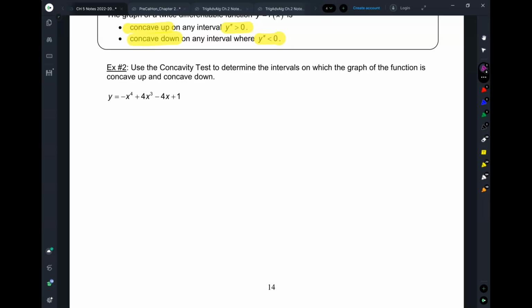Basically, what we're figuring out is where the graph is concave up or concave down. Here's what we're going to do. First derivative, we know how to do this. That's not for concavity. Now we take a derivative again.